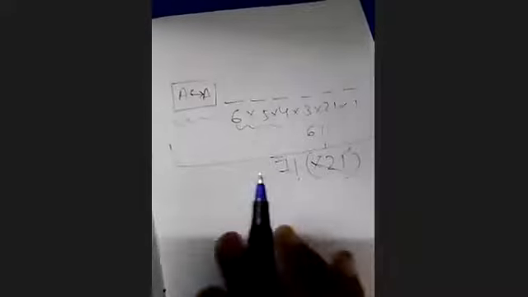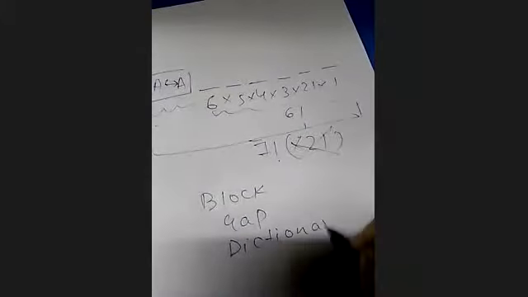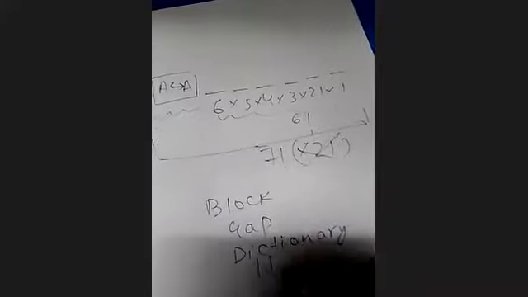Do not multiply it by 2 factorial. I will tell this concept in formation of groups. Did you understand? Today we learned the block method, gap method, dictionary, and identical objects.